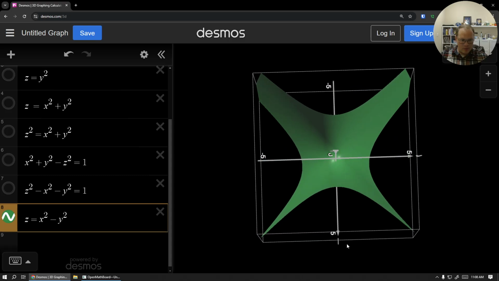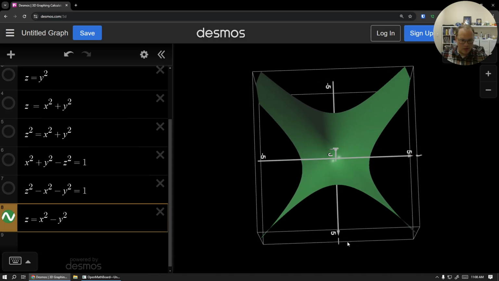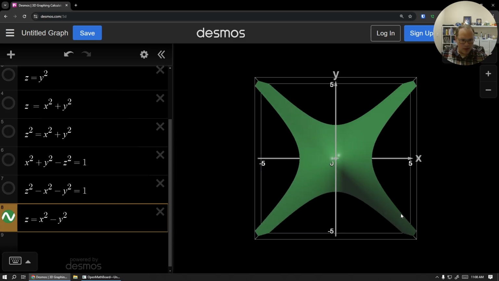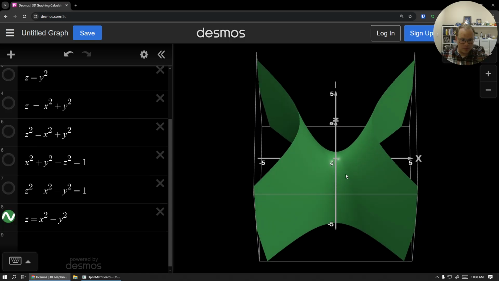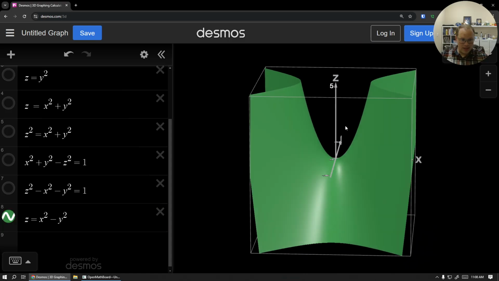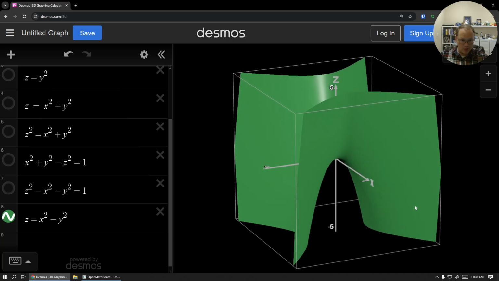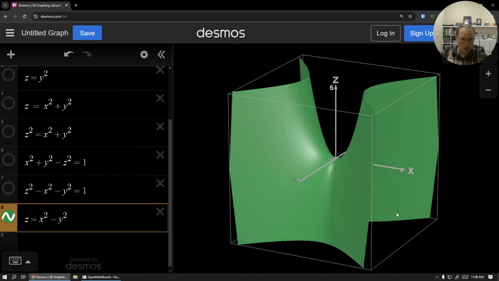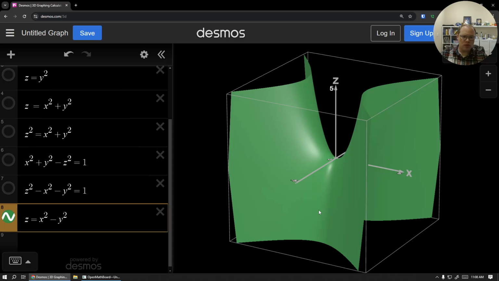And if we look at it from above, you can see the outlines of hyperbolas. Put that together, you get a hyperbolic paraboloid. So our strategy going forward is we're going to use those outlines, those cross sections, to help us get an idea of what kind of surface we're dealing with and to help us reconstruct the surfaces.